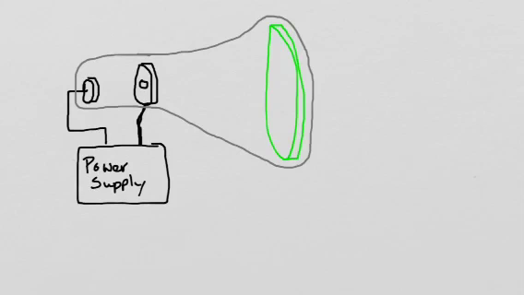So this small disc at the back, right here, is known as the cathode.